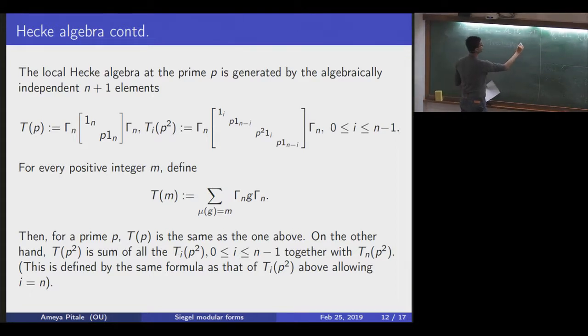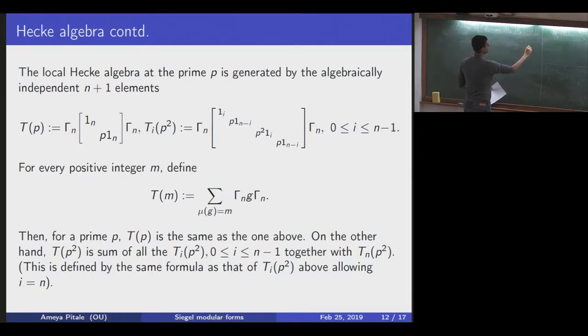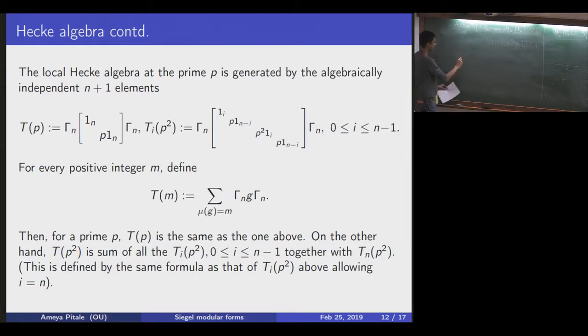The first thing you do is a disjoint decomposition into single cosets. The way Tg acts on F is by the sum over i of F slash k g_i, those single coset representatives.